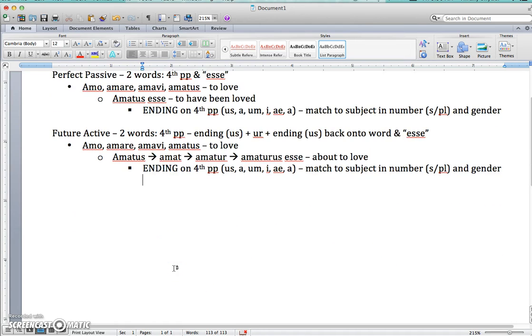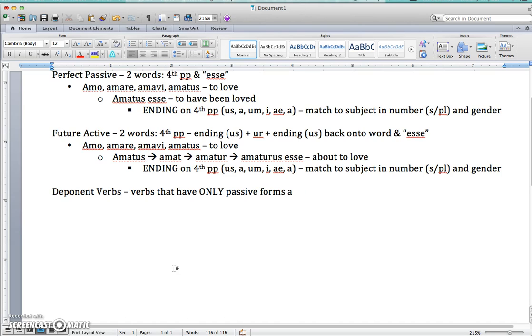So there are all your tenses, but I do have to go through one more thing, and it's not going to be pretty. So we have deponents, deponent verbs, quick review. These are verbs that have only passive forms, but are translated only as active.